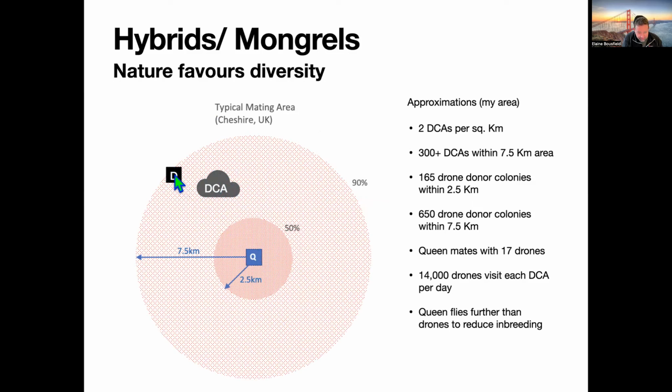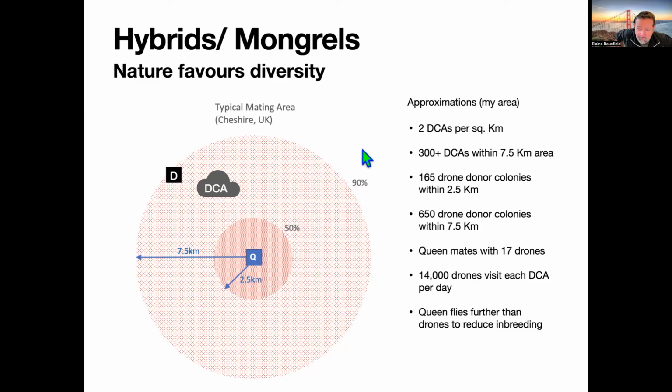The distance the drone flies plus the distance the queen flies is the mating distance. If the mating distance is within 2.5 kilometers, that's about half of matings. And nearly all matings, 90%, happen within this 7.5 kilometers distance.